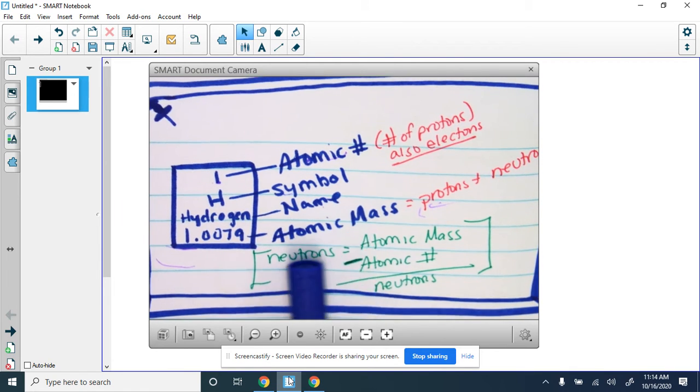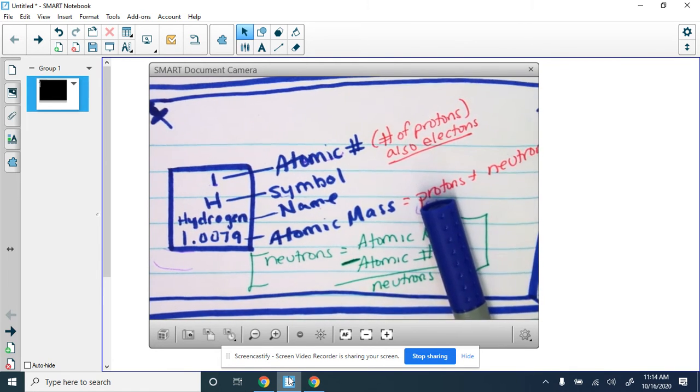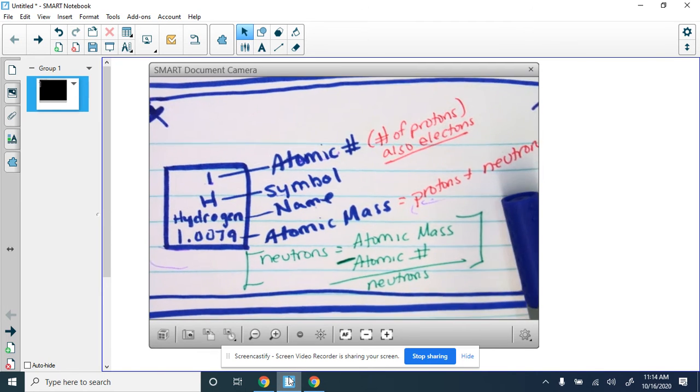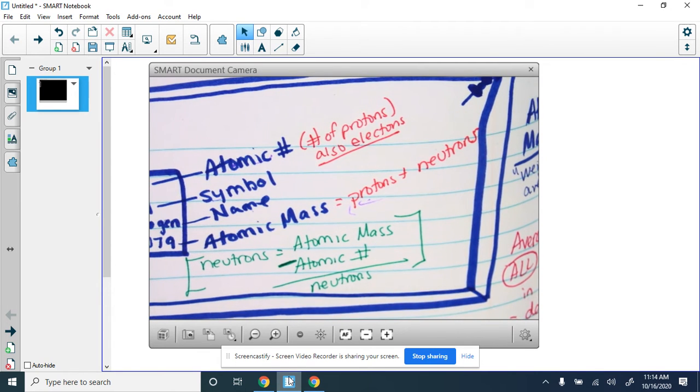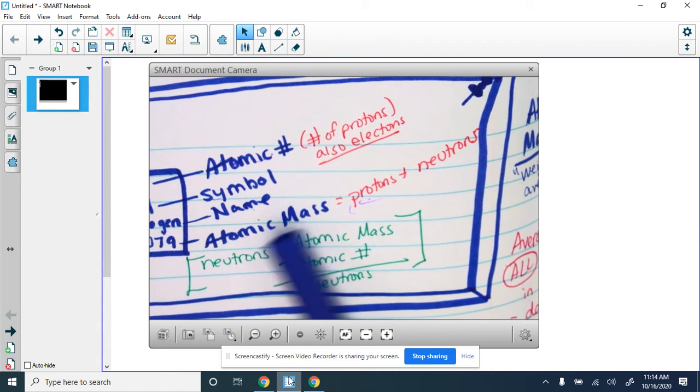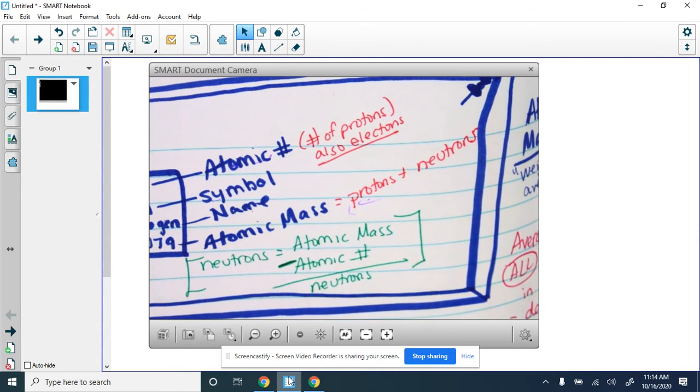The atomic mass is the number of protons and the number of neutrons. So remember when we talked about the beginning sketch notes that I just went over, the first two things that joined together were the protons and neutrons, and that made up the nucleus of the atom, and that's the atom's mass. The electrons are so small that they don't make up the mass of the atom. So they are not included in this atomic mass number.